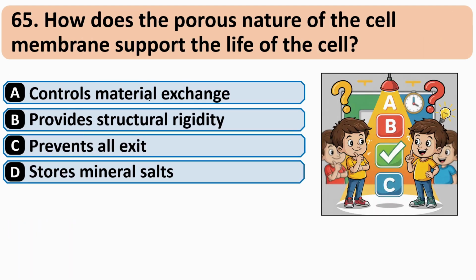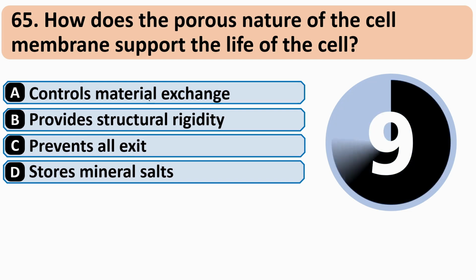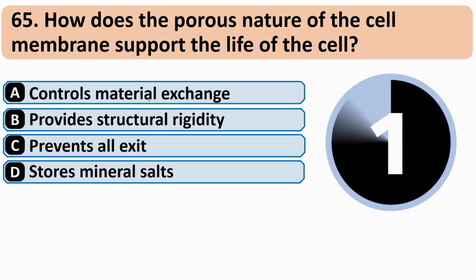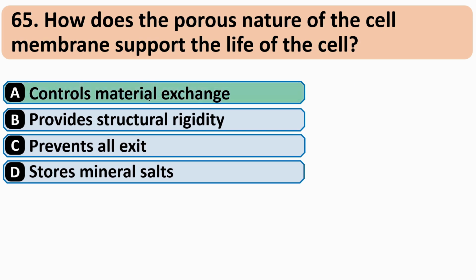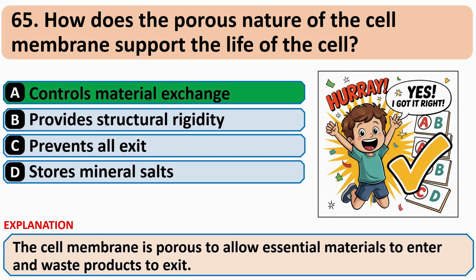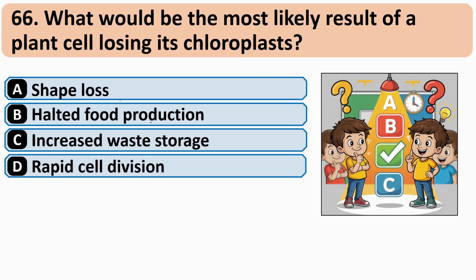How does the porous nature of the cell membrane support the life of the cell? And correct answer is A, controls material exchange. What would be the most likely result of a plant cell losing its chloroplast?